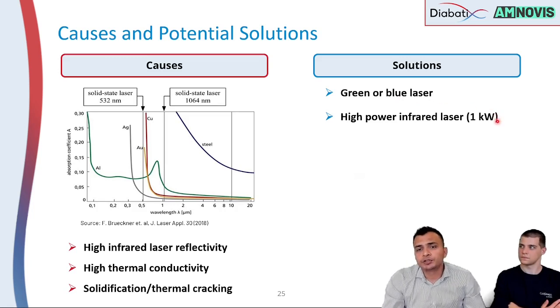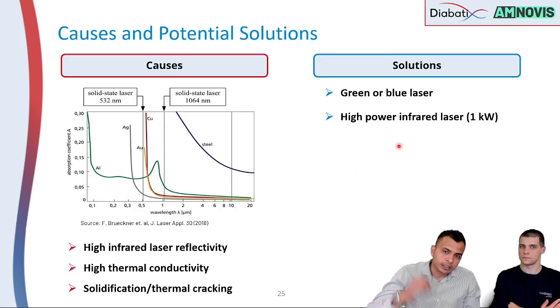The second approach that is typically opted for is the use of a high power infrared laser. This means you use the same solid state 1070 nanometer laser, but you increase the power in such a way that you increase the absolute energy transferred to the copper powder.